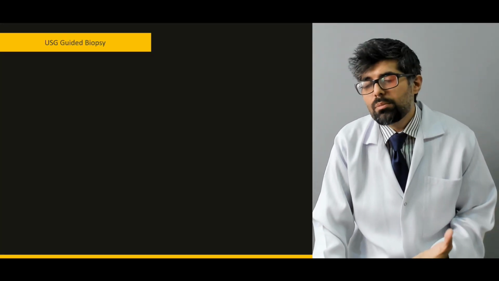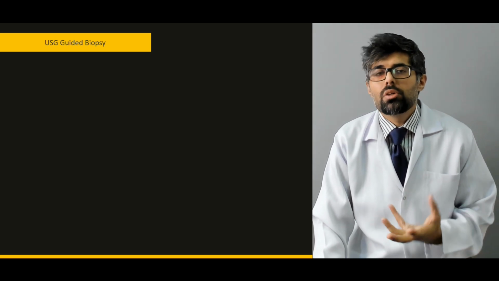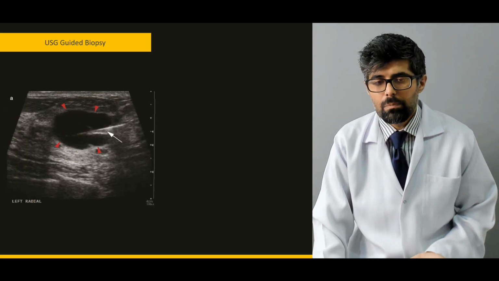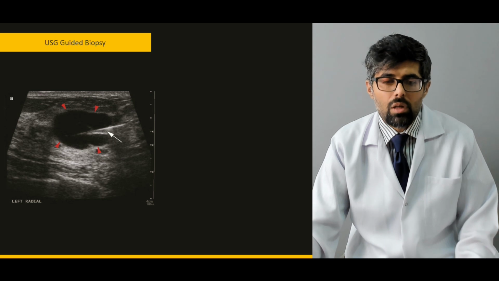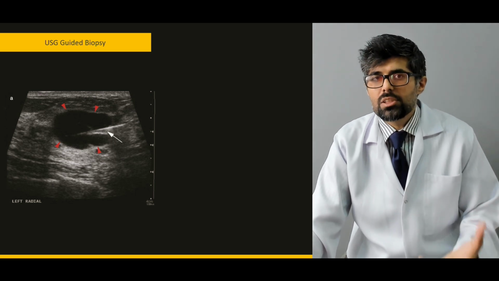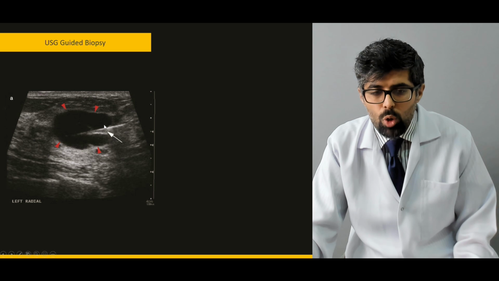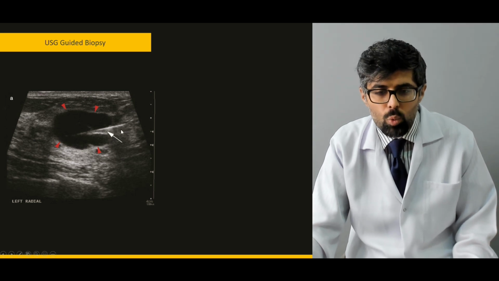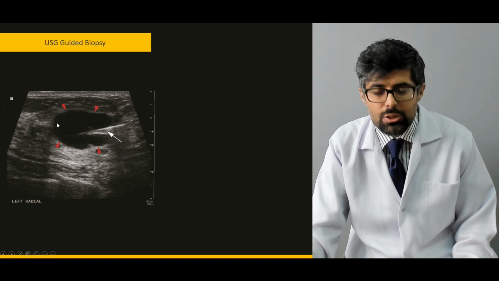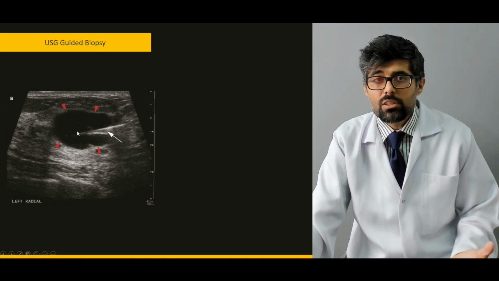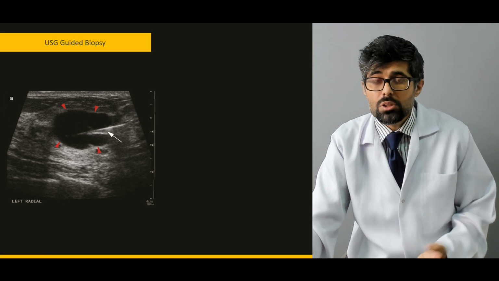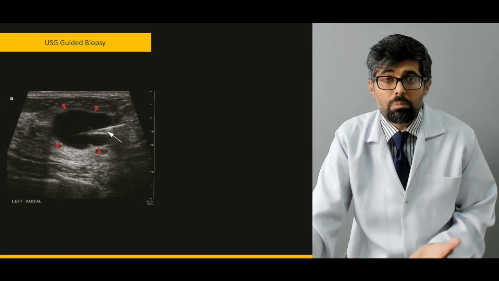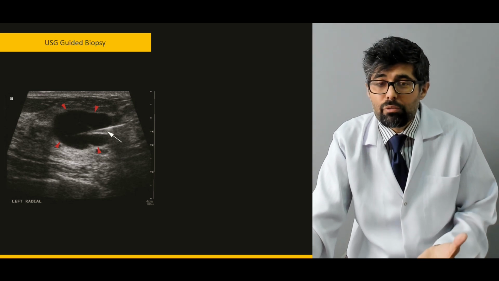The next biopsy is a simple ultrasound guided biopsy. Here is an example of a simple breast cyst, but we want to examine what this cyst holds. It might be serous fluid, it might be mucus, it might be some pus or purulent fluid.